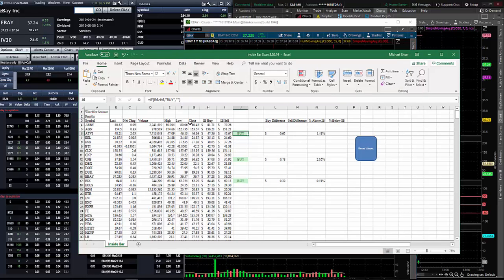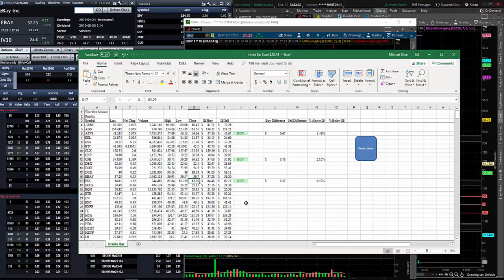So you can see here in eBay, not EA, eBay, this is the last price, this is the change on the day, this is how much has traded today, the high from yesterday, the low from yesterday, and the close of yesterday.